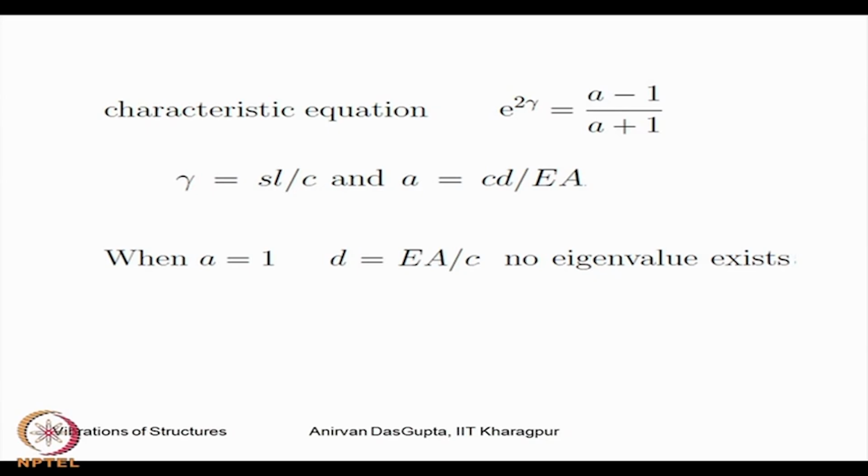So, it must be minus infinity. There is no finite value of gamma. We will say that there is no existence of an eigenvalue when A equals 1, and A equals 1 when this damping coefficient D takes on this very special value E A over C. So, for this problem we did not have eigenvalues.